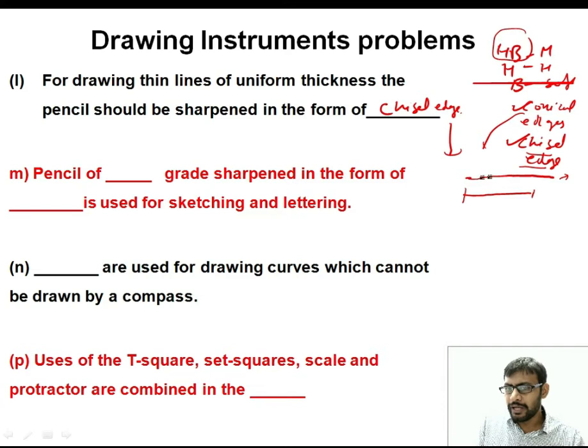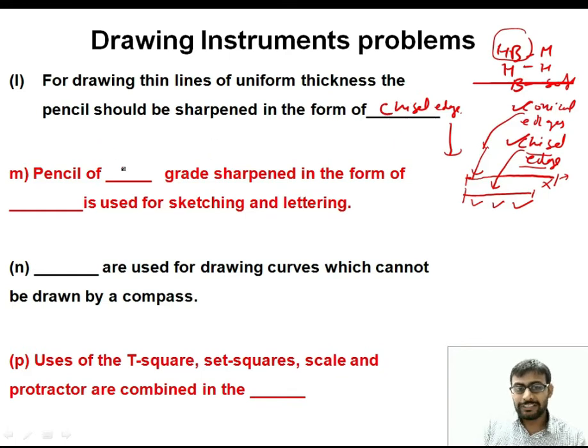It means in a single stroke this line thickness is not constant. So it doesn't mean that in a single stroke you will achieve a constant thickness. With the help of conical edges, this type of problem is common. For the chisel edges, this continuous line thickness can be achieved easily. So the answer will be the chisel edges.